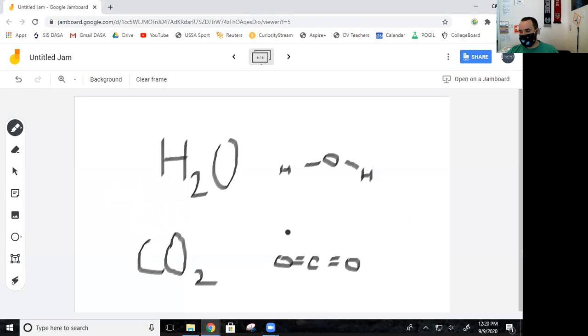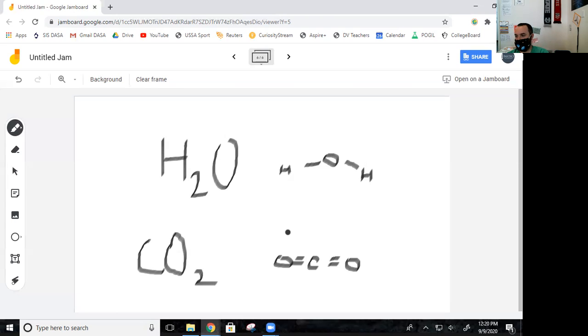Oh, I know this one. Based off of the periodic table, you can see how many bonds we need to fill the valence shell. To fill the valence shells of oxygen and carbon, respectively, you have to have a double bond. Carbon always wants to make 4 bonds.